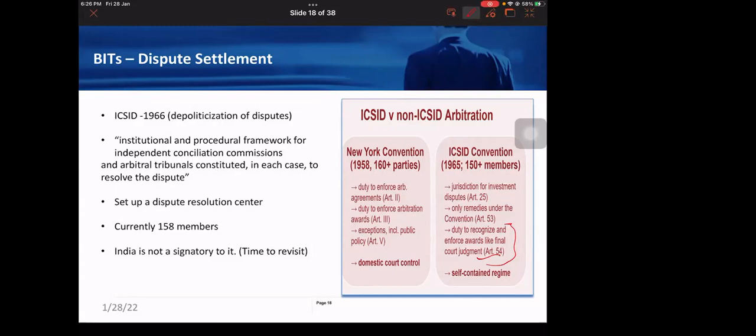Unlike your WTO, where you have a panel and then a dispute settlement body, and the appeal panel is also the appellate body, there is no such appellate jurisdiction in the ICSID Convention.